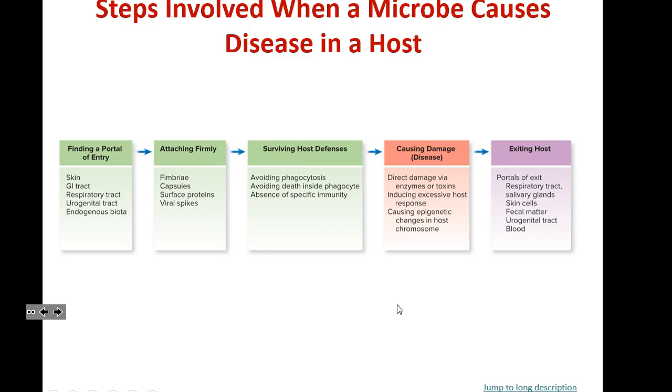And what about if it's a virus instead of a bacteria? It does have viral spikes, right? Whether it is naked virus or whether it's an envelope virus. So these things I want you to tell me on your way out the door. Find the portal of entry, attach firmly, survive the host defenses, cause damage and disease, and exit the host.